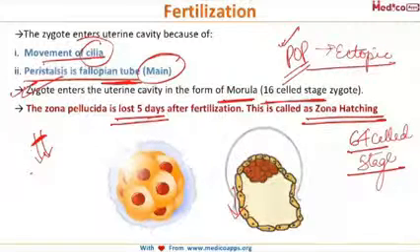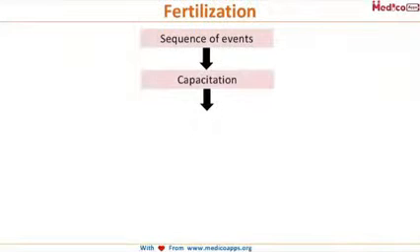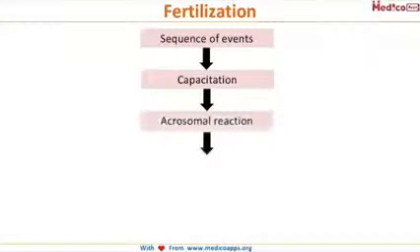Now if we sum up the sequence of events that occur in fertilization. So first, capacitation occurs. The sperms now become capable of fertilizing the ova. They go and attach to the zona pellucida, and it causes the release of enzymes from the acrosome of the sperm, which is called acrosomal reaction.